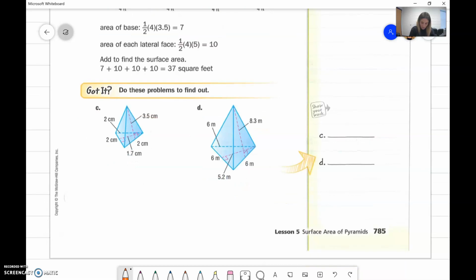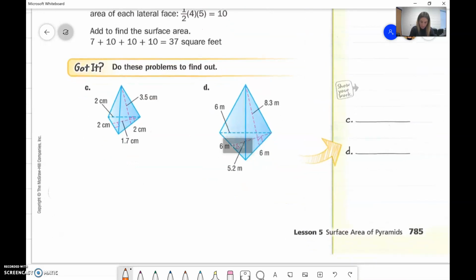Okay, so starting with C. Okay, again, area equals base times height divided by 2. Notice that the base, this bottom one, is a triangle. So area equals my base is 2 times my height, which is marked right here, which is 1.7 centimeters, and we're going to divide that by 2.